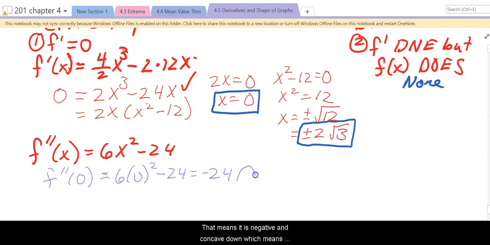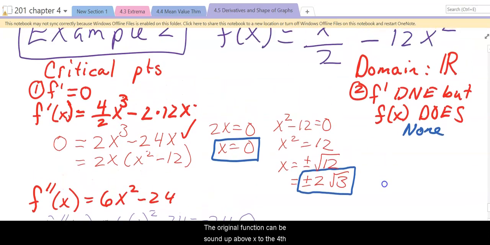That means it is negative and concave down, which means that I have a relative minimum, or maximum rather, at the critical value x equals c, or 0, our c value. I won't know what it is until I plug it into the original function.